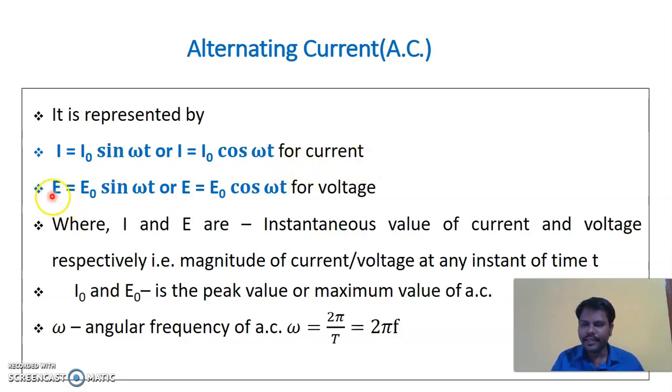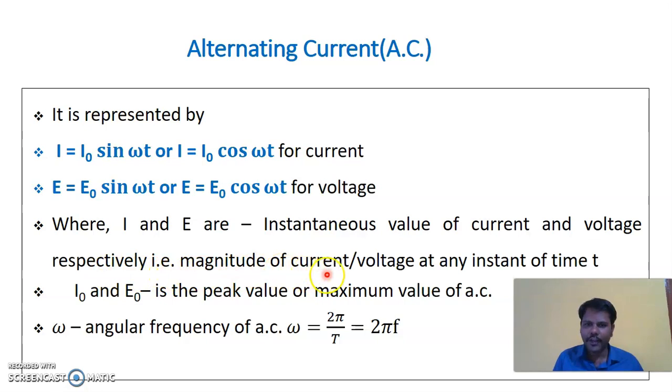Similarly, E is equal to E naught sine omega t, or E is equal to E naught cos omega t, that is for voltage, where I and E are the instantaneous values of current and voltage respectively.